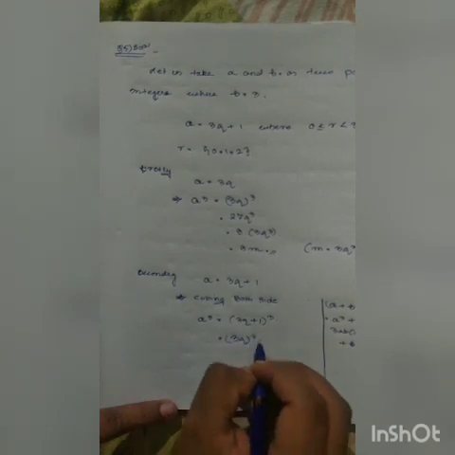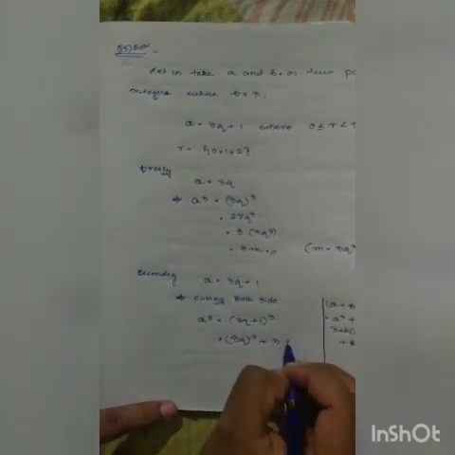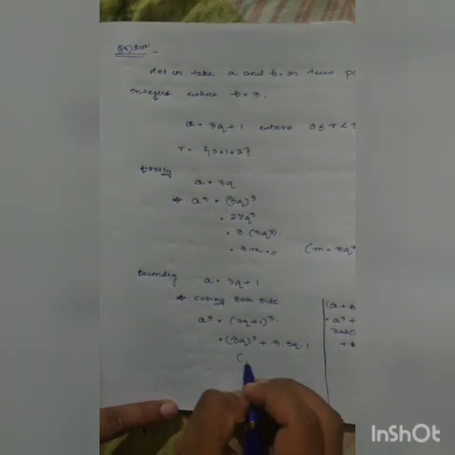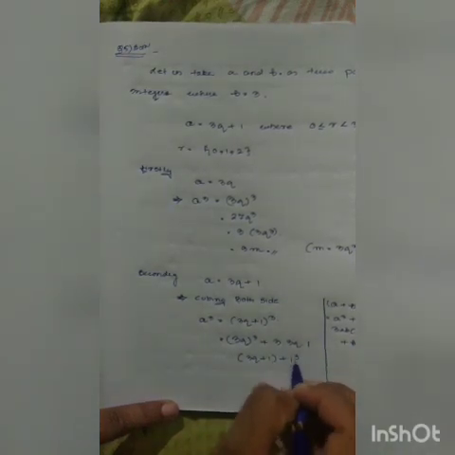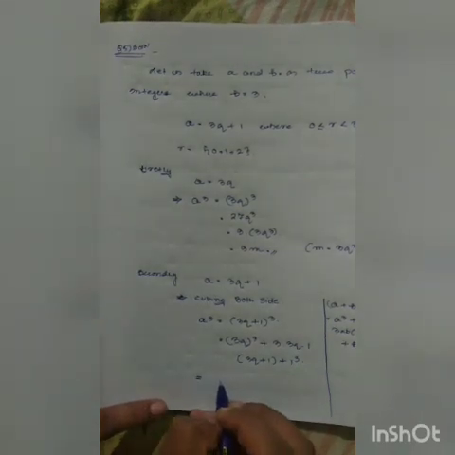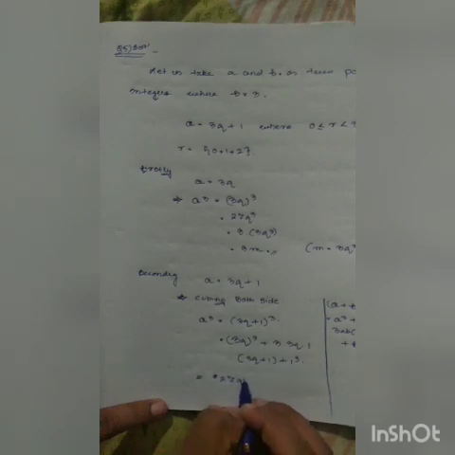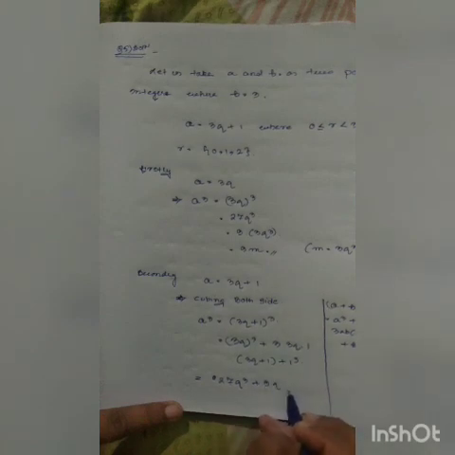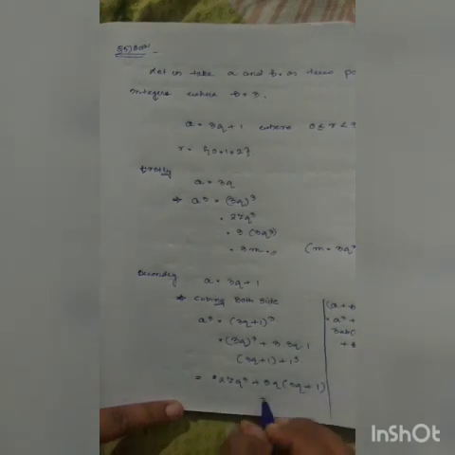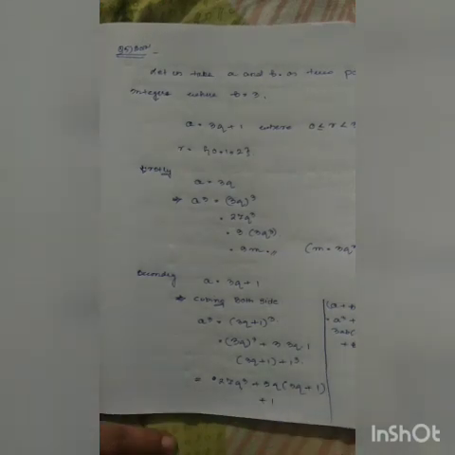So we can write it as (3q) cube plus 3 into 3q into 1 into (3q plus 1) plus 1 cube. So it can be written as 27q cube plus 9q(3q plus 1) plus 1.